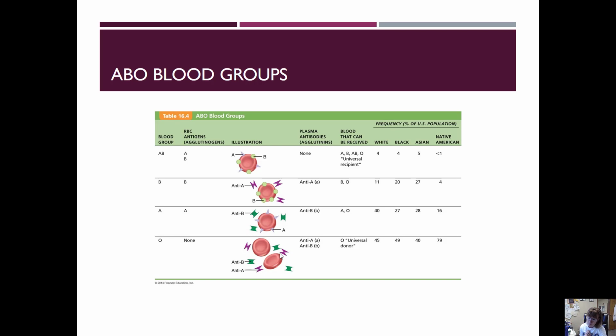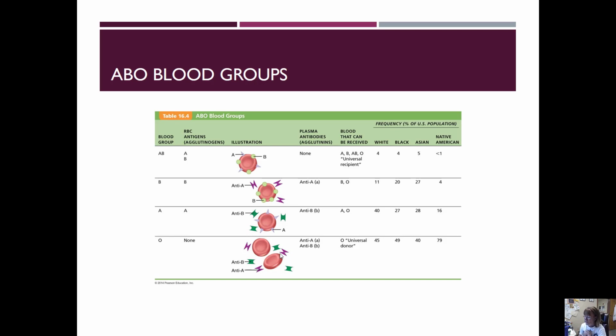However, prior exposure to that rhesus factor is required in order to produce antibodies. We don't naturally have Rh factor antibodies circulating in us. Even if we are of a negative blood type, we have to be exposed to that. And so that's where we get into the hemolytic disease of the newborn.